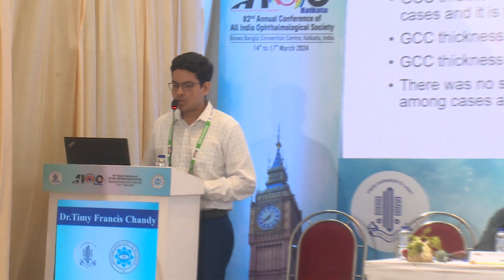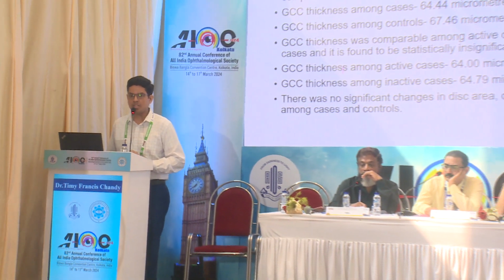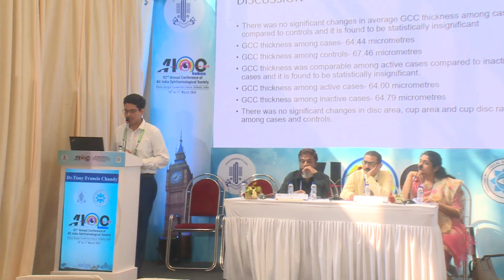Other parameters like ganglion cell thickness and optic nerve morphology were less significant statistically: the thickness among cases was 64.44 micrometers, whereas among controls it was 67.46. There were no significant changes in disc area, cup area or cup disc ratio. So the only main parameter which showed significant change was retinal fiber layer thickness.